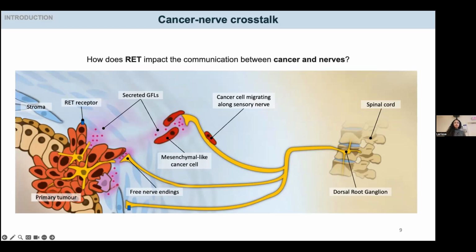Lastly, besides the neurotrophic factors that can be released by neurons and pancreatic cancer cells, there's another part of this communication system. There is some evidence suggesting the release of the GFR-alpha co-receptors from nerves in the tumor's environment. This release helps the nerves and pancreatic cancer to talk to each other.